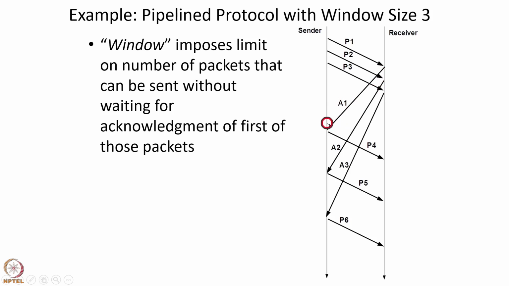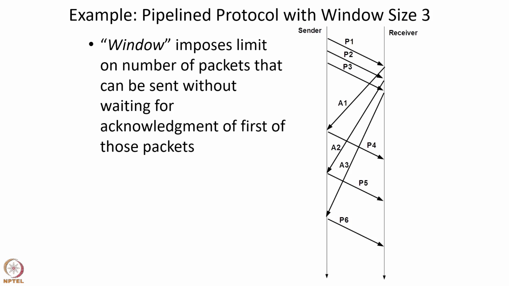So since the window is 3, the sender can send one more packet, say packet 4. So now packets 2, 3, and 4 are out and not yet acknowledged. So the sender must wait for an acknowledgement. It receives acknowledgement 2 at this point. Then it sends packet 5, and so on and so forth. So at any time, there can be at most 3 packets which are sent but not yet acknowledged.